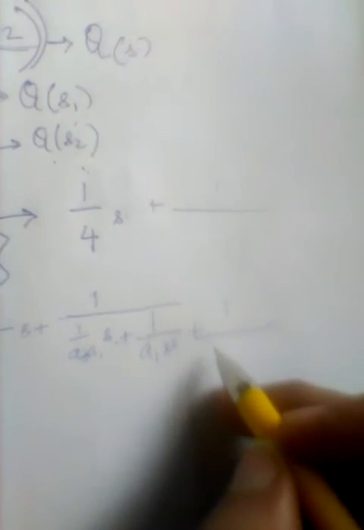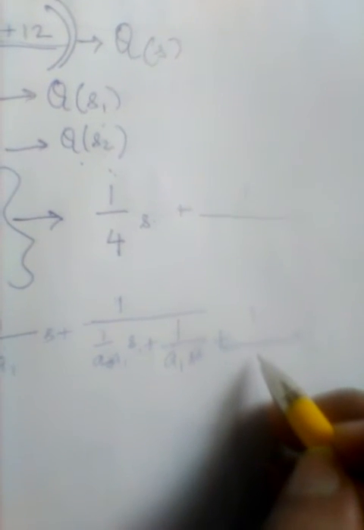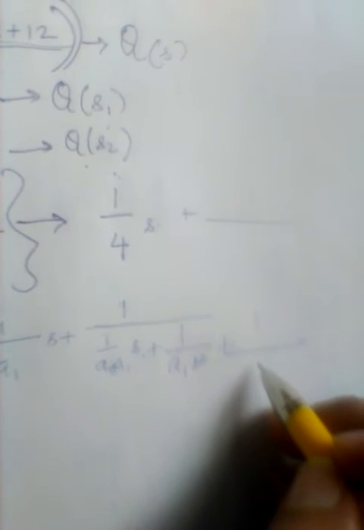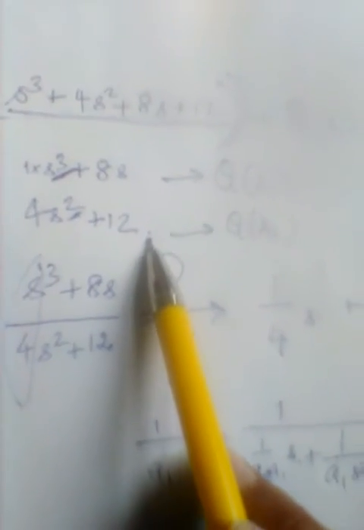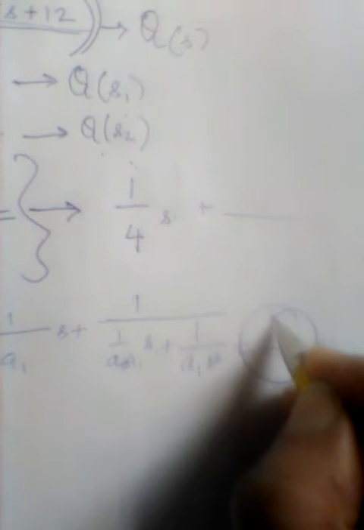So it will continue like 1 by 1 plus this value plus, and like this it will prolong this particular series into an infinite series. However, we just have two functions, hence we don't need this particular term, it will become a finite one.